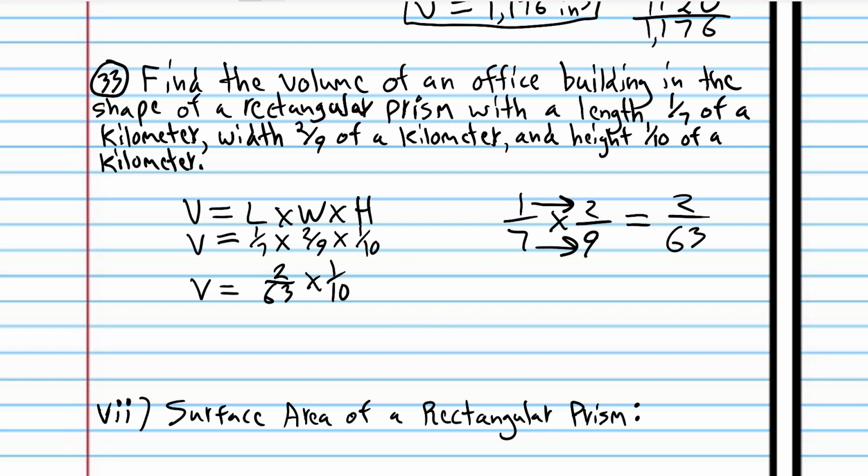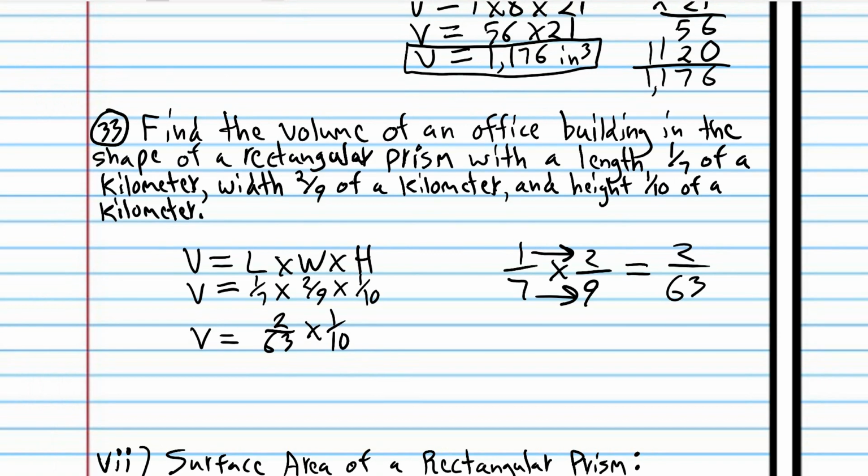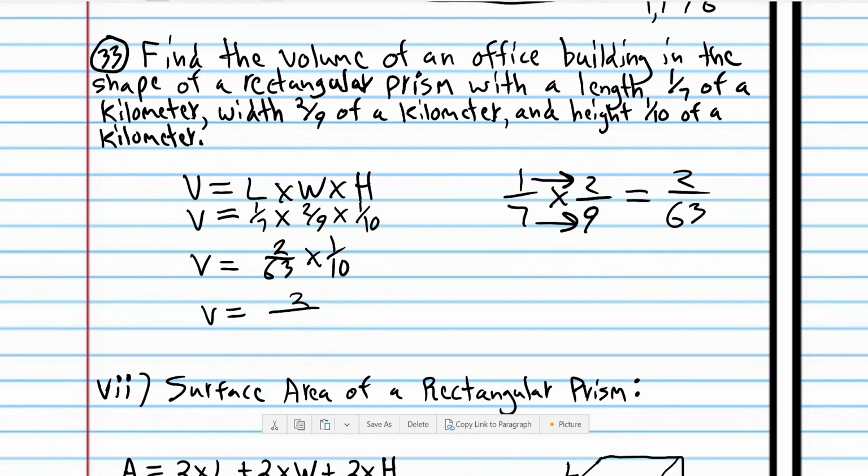So now we have to multiply 2/63 times 1/10. So same procedure. I don't really need to show the work. 2 times 1 is 2. And 63 times 10 is, well, remember, whenever you multiply a whole number by 10, you just add a 0.